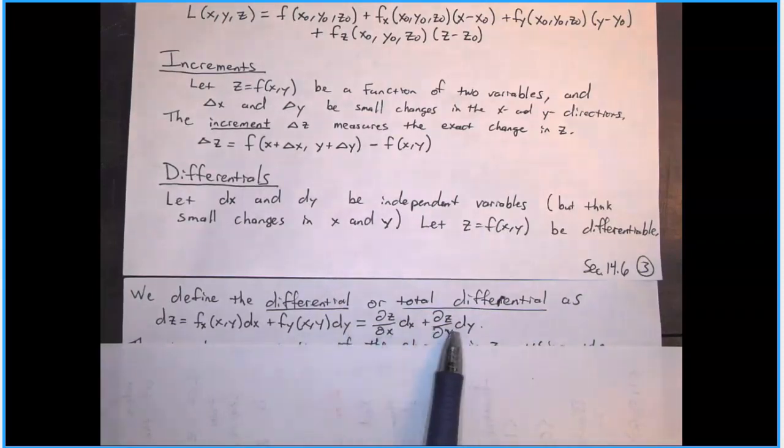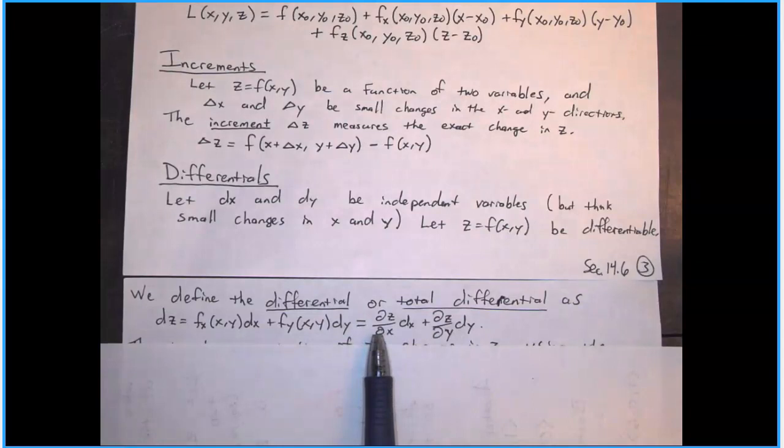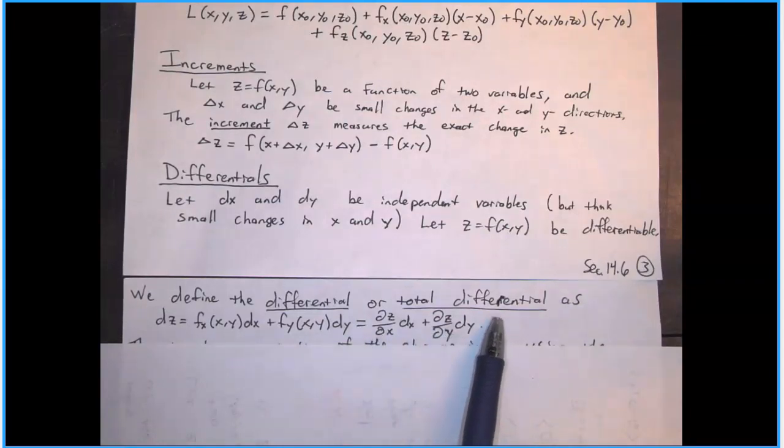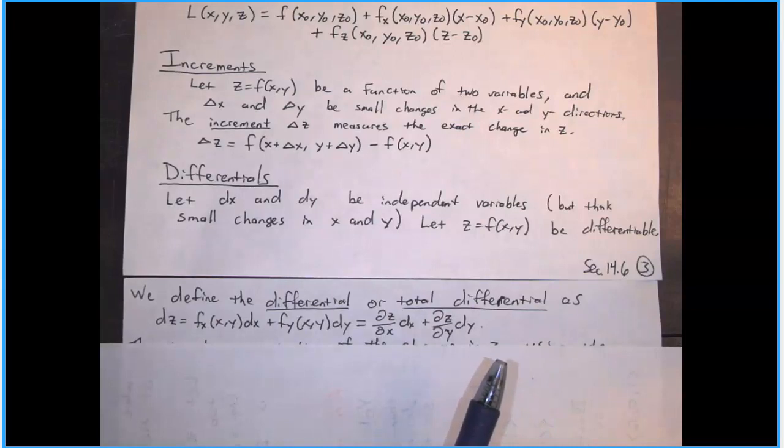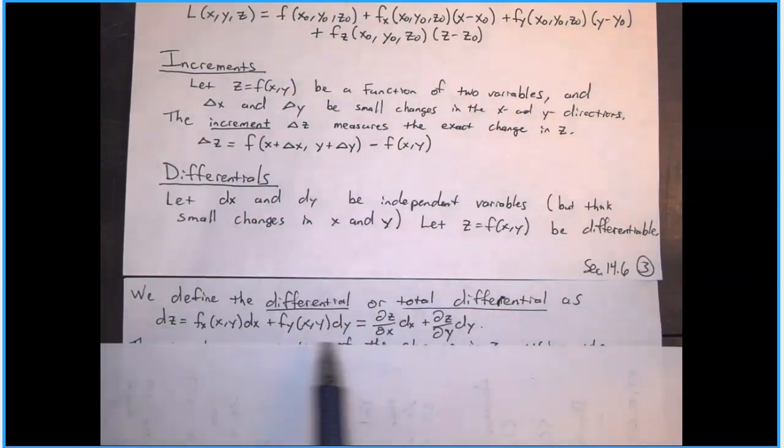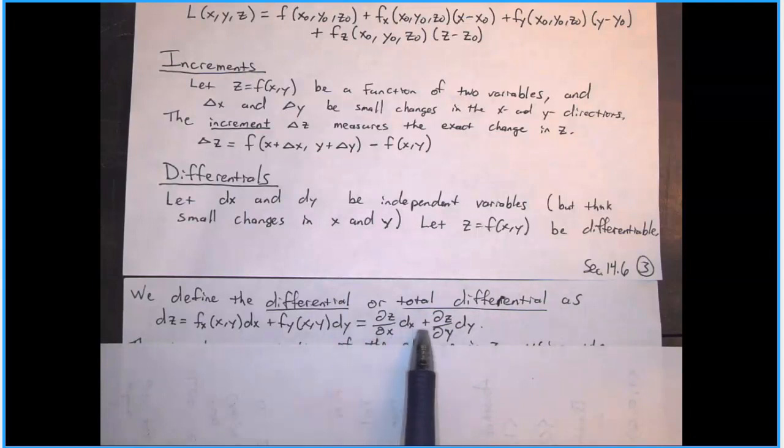Or you can write it with this other notation, partial z with respect to x dx plus partial z with respect to y dy. Now written in this way, this might remind you of the chain rule and how we wrote the chain rule when x and y were functions of one variable. So let's say x and y are both functions of t. This looks pretty similar, except we don't have these as derivatives with respect to t.